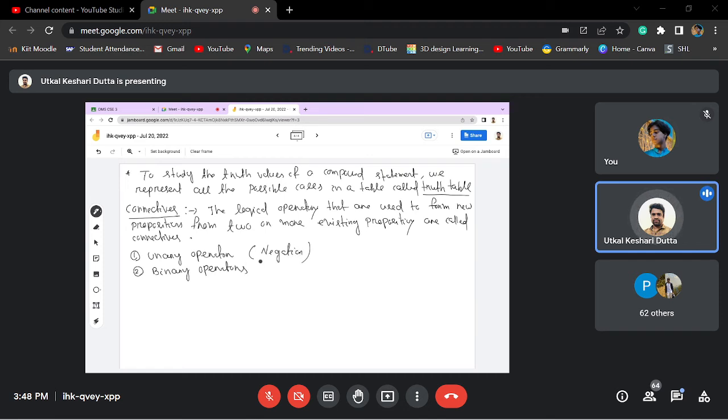In the case of binary operators, there are many in propositional logic: conjunction, disjunction, exclusive or, the conditional statement, that is the implication, then the biconditional.